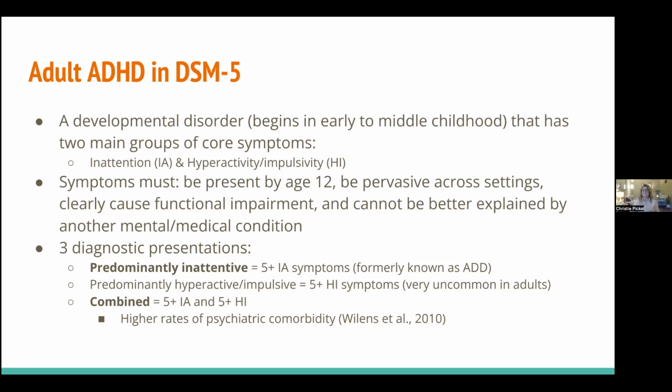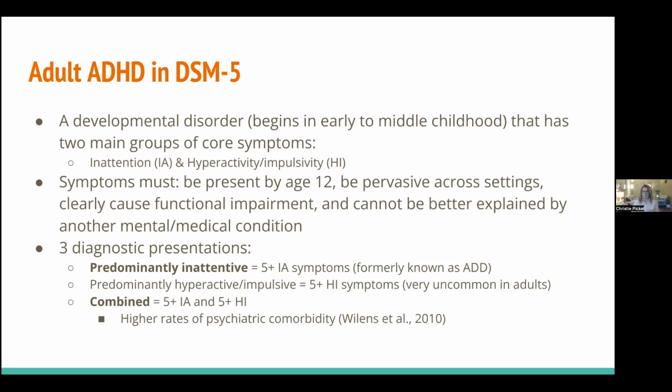There has to be clear evidence that these symptoms cause functional impairment in social, academic, or occupational functioning. And they cannot be better explained by another mental or medical condition. That's going to be a big piece that we talk about today, because these kinds of symptoms are really not super specific to ADHD, actually. So we want to make sure that symptoms are not better explained by another condition that's going on.